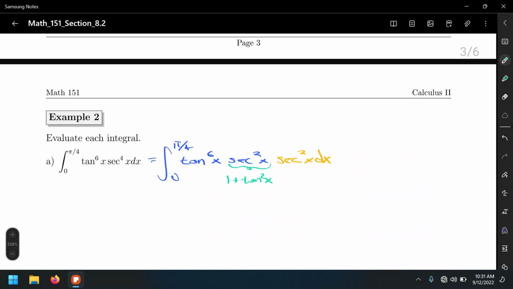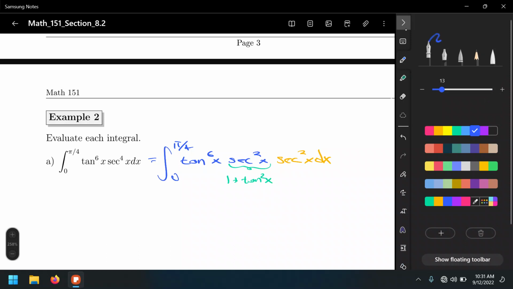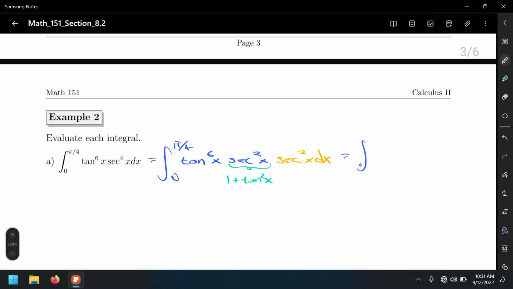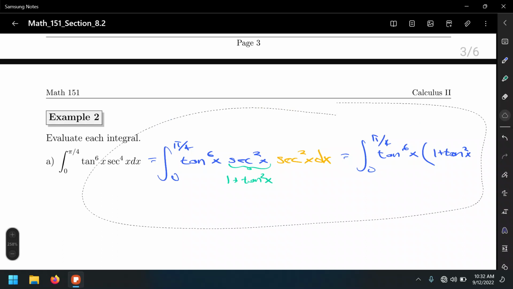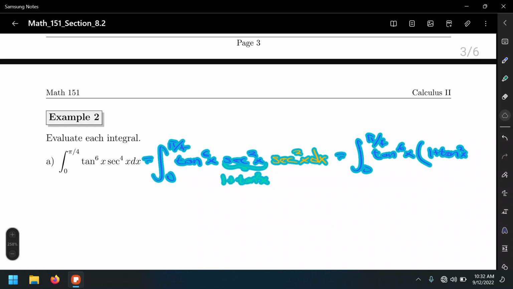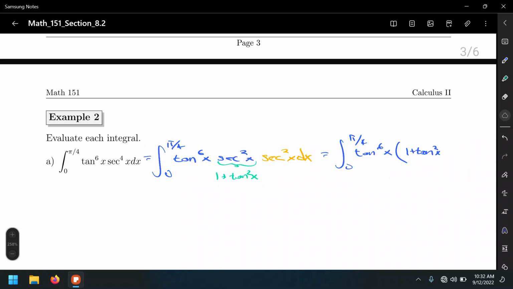That's the integral from 0 to pi over 4 of tangent to the 6th times 1 plus tangent squared, times secant squared x dx.